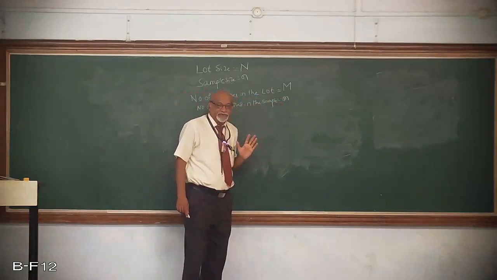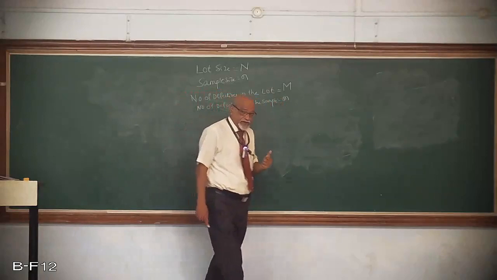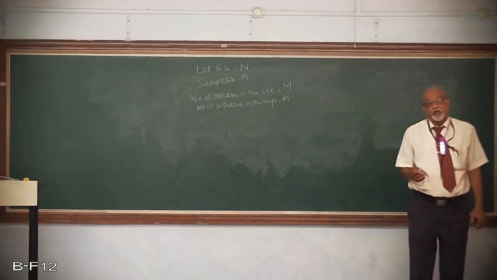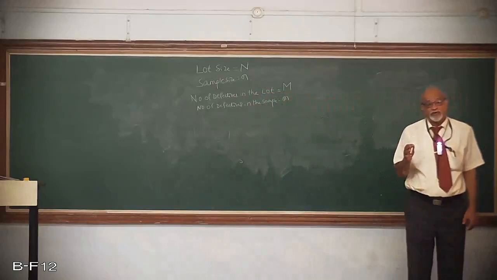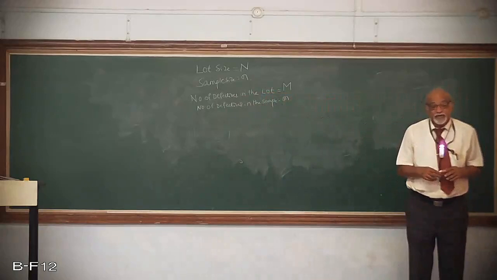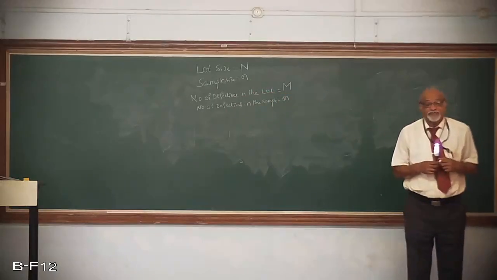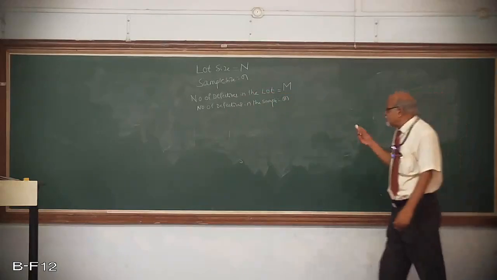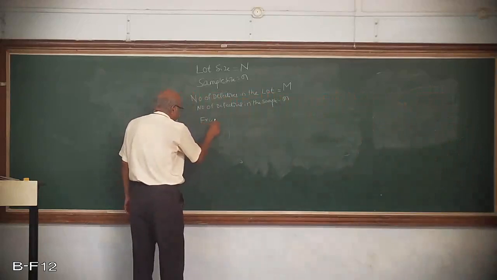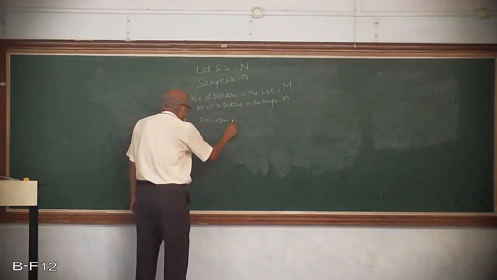Then why is it to be done? That gives us the other thing. What I am interested in is the proportion or fraction defective. So how will we know the fraction defective? How will I denote it?